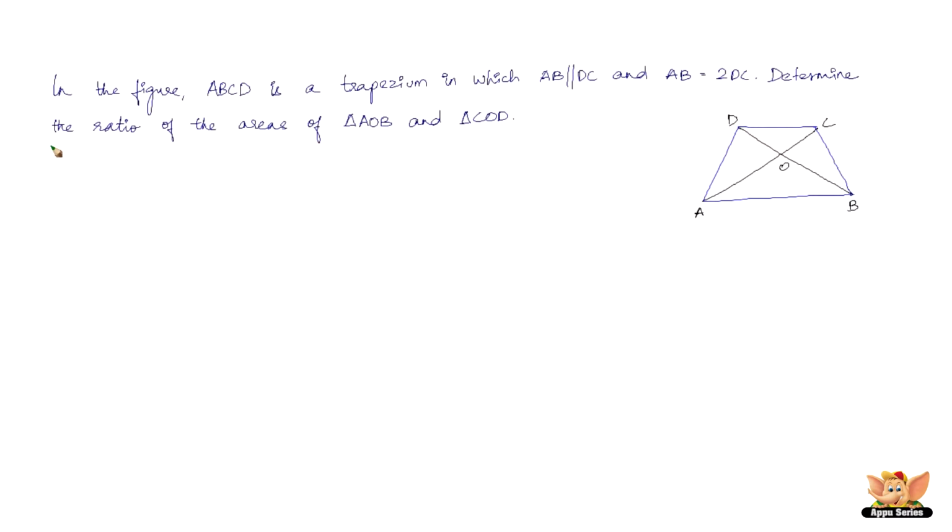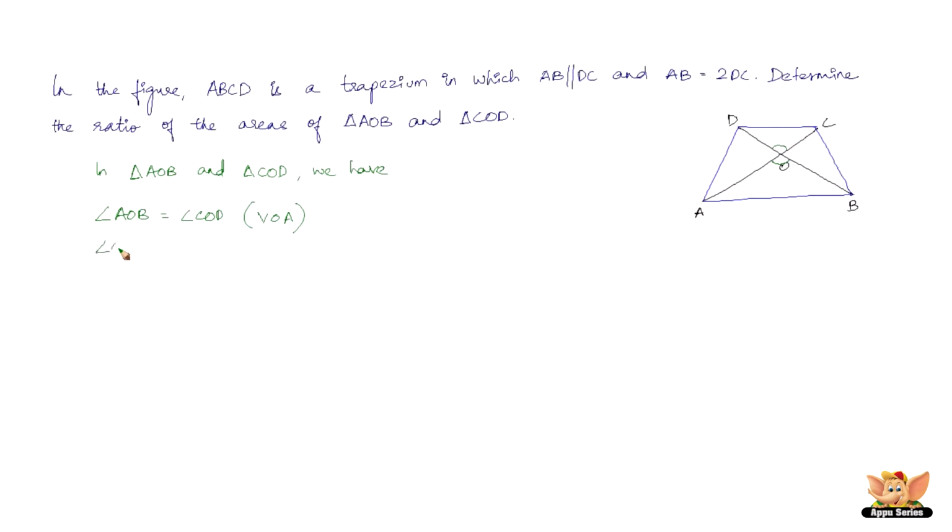So now, in triangle AOB and triangle COD, we have angle AOB equal to angle COD. That's because they're vertically opposite angles.